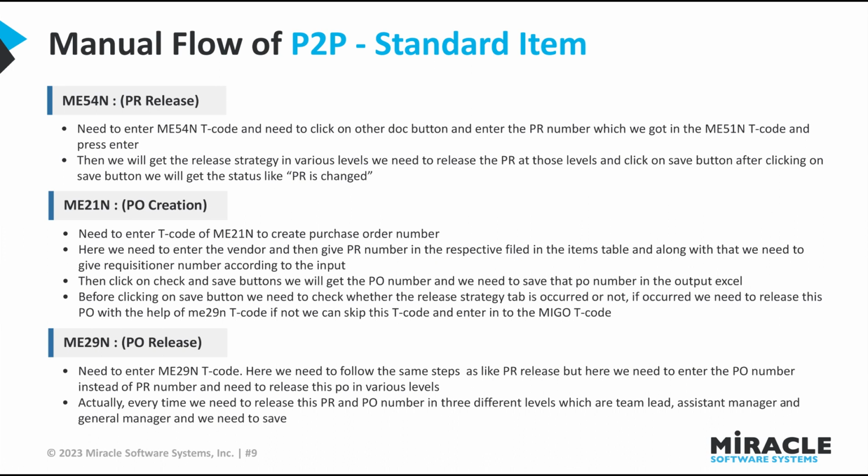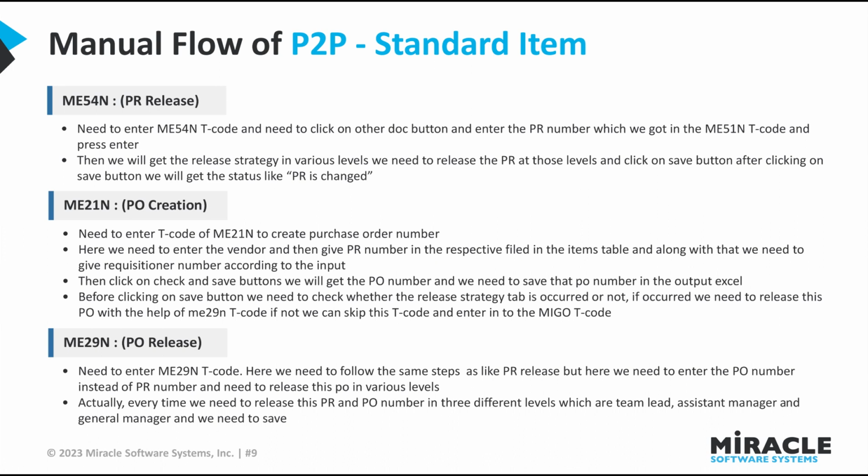Before clicking on the save button, we need to check whether the release strategy tab has occurred or not. If occurred, we need to release this PO with the help of the ME29N T code. If not, we can skip this T code and enter the MIGO T code. Coming to PO release, that is ME29N.